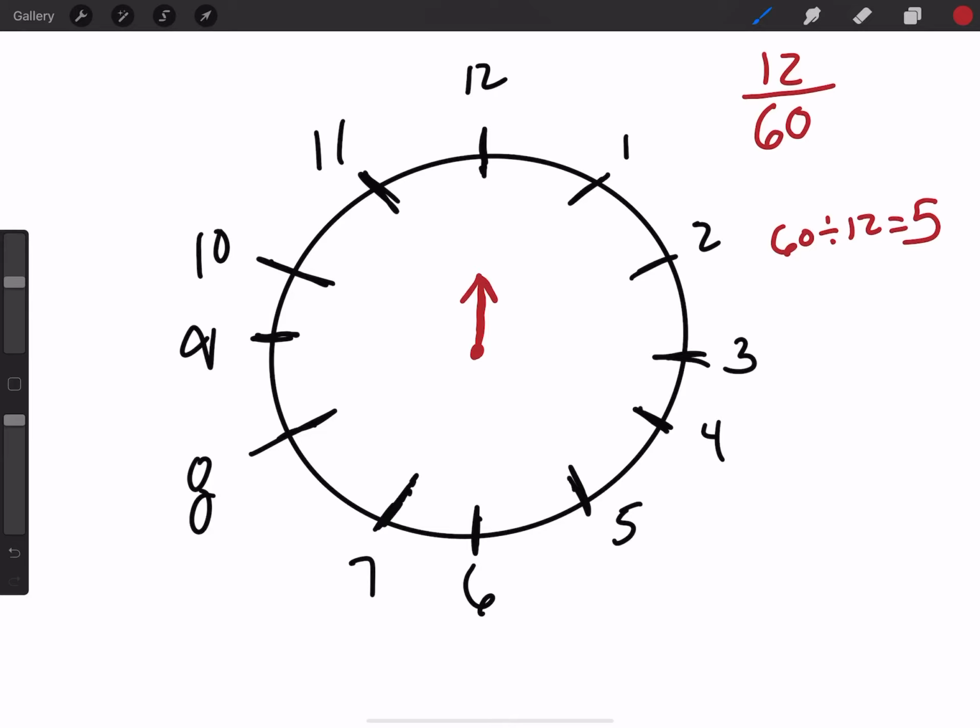It's like an arrow. And then you have a longer hand. Our first hand, the small one, is for the hour. And the longer one is for the minutes.